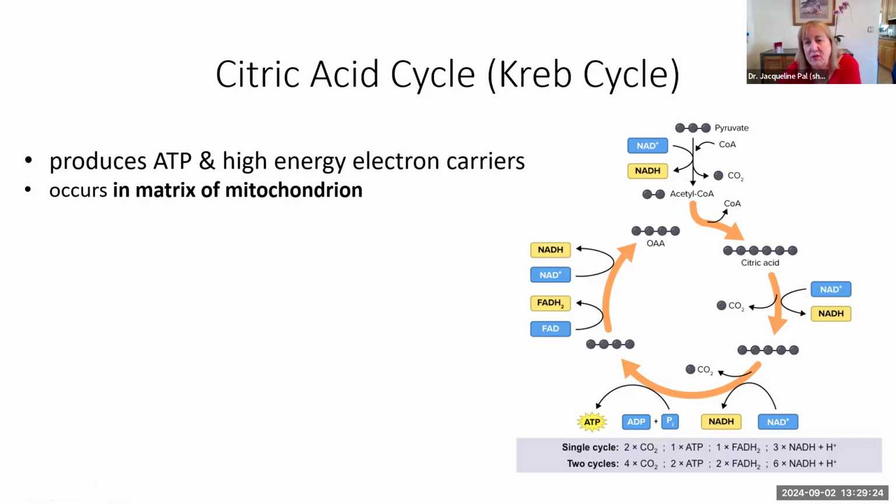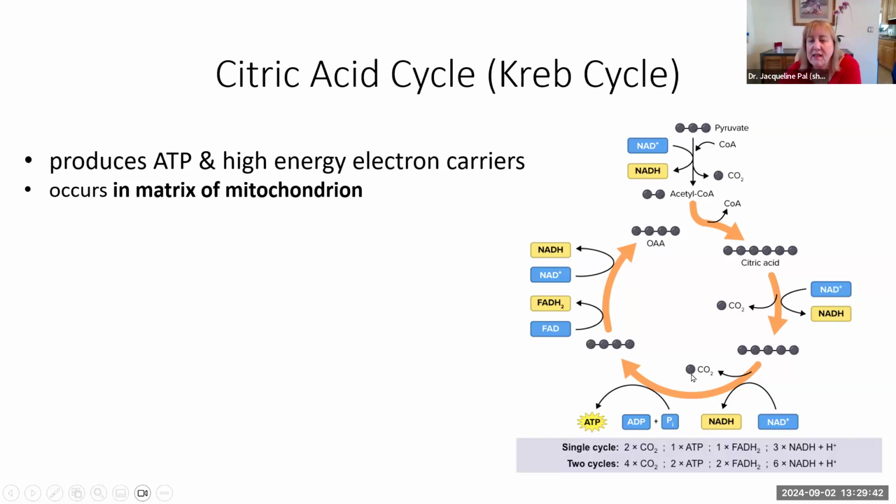And as you can imagine, what's that going to require? Anyway, that forms citric acid, from which we are going to release a carbon to go down to a 5-carbon molecule and also create electron carriers.